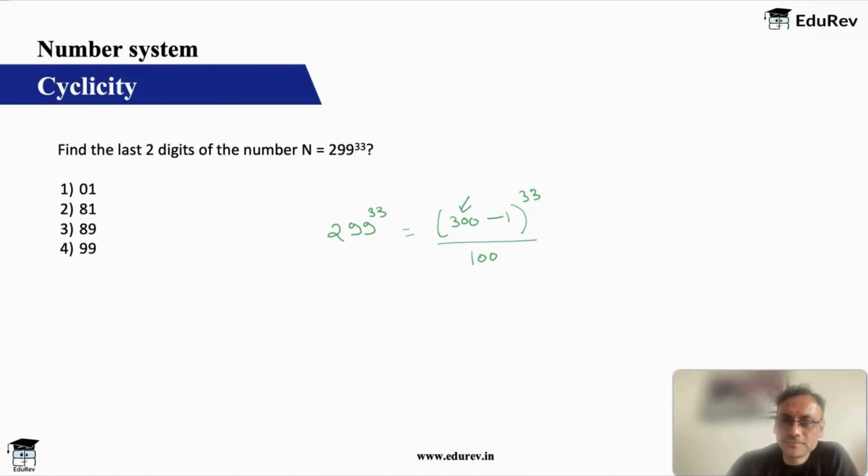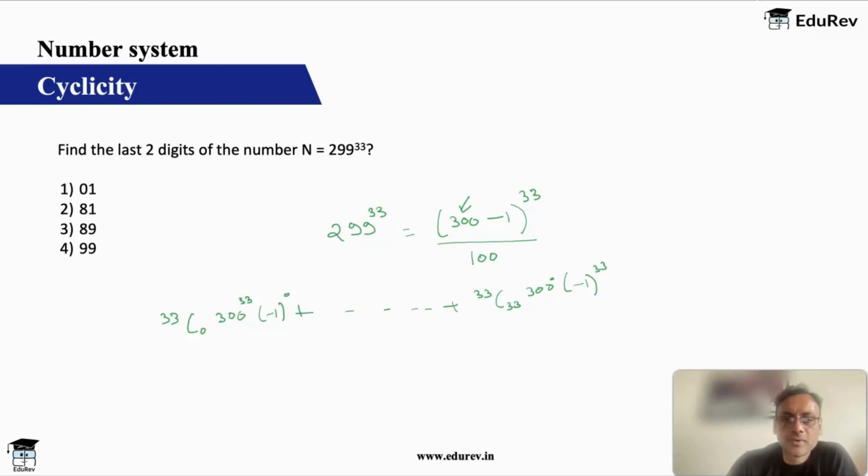A will not come because the expansion of this will start with what? 33C0 300 to the power 33 into minus 1 to the power 0. That is what you will start with and end with what? 33C33 300 to the power 0 and minus 1 to the power 33.